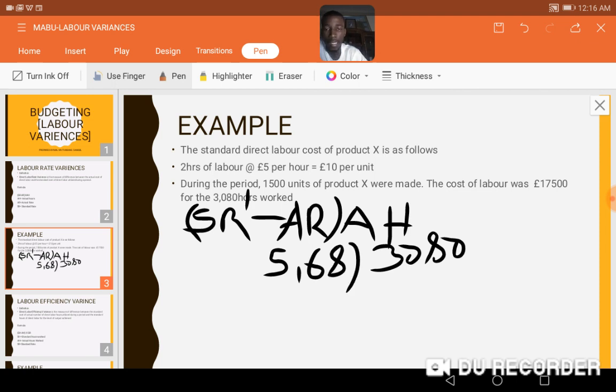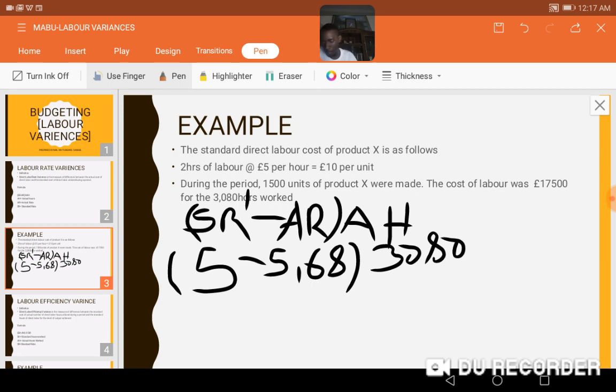But like I said, on your calculator or when you're working it out, try to write it in full: 5.68181818182. Our standard rate given here is 5.